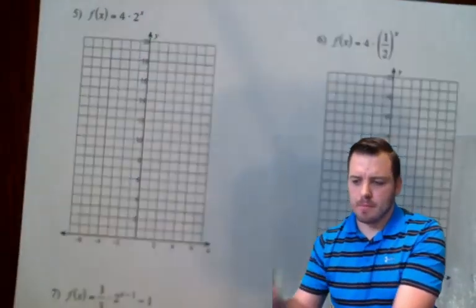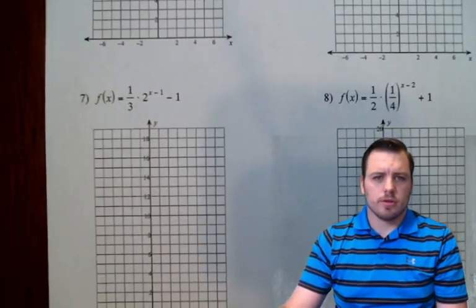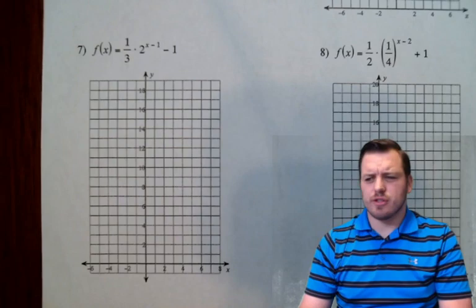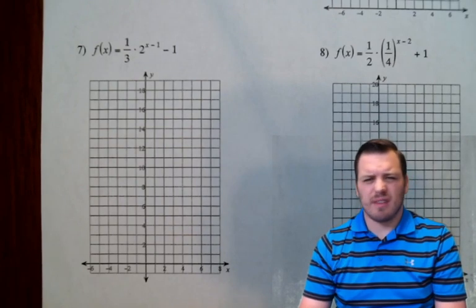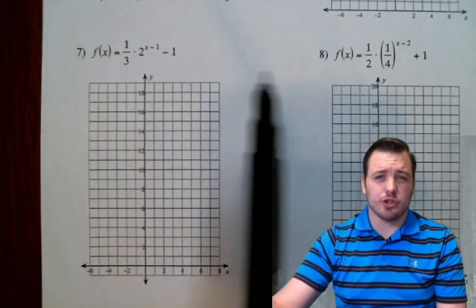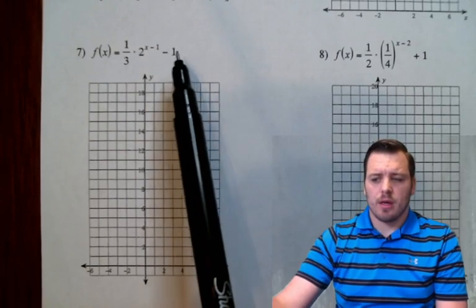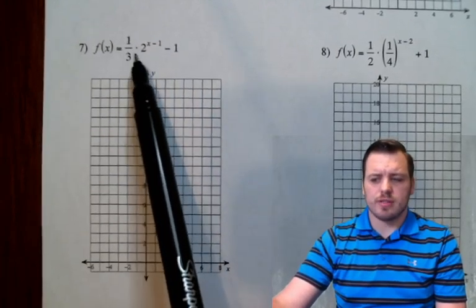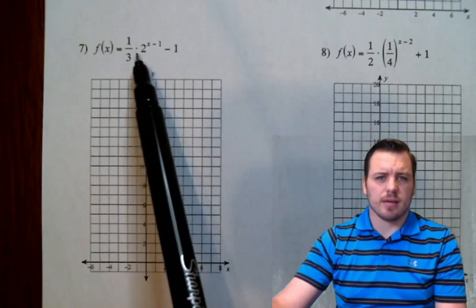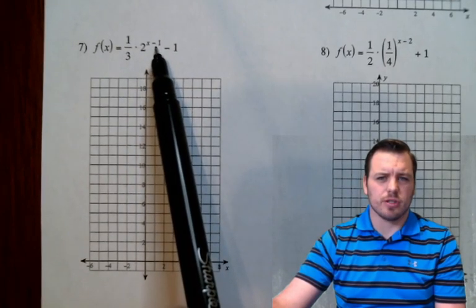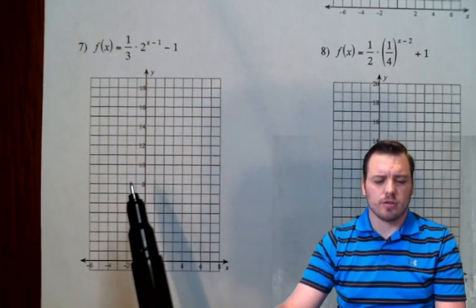Okay, looking at number 7 then. I meant to use your calculator for these two. It's just the 1/3 times 2 raised to the x, but then the -1 pushes it to the right 1, and the -1 goes down 1.